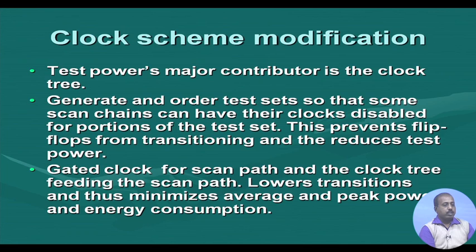There are some clock scheme modification techniques. So, another major source of test power consumption is the clock tree, the clock distribution network. That goes to the entire chip, and when it goes to the entire chip, it affects almost all the components that we have in the circuit, because almost all parts of the circuit will require the clock signal.